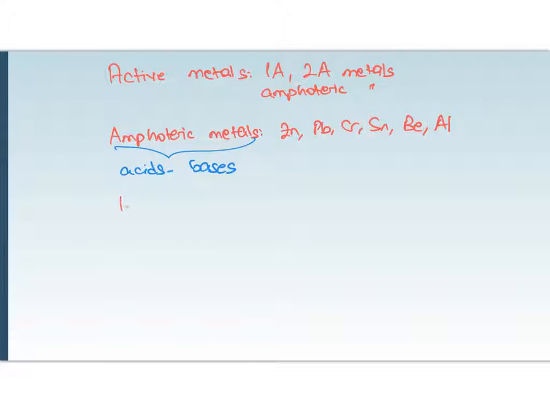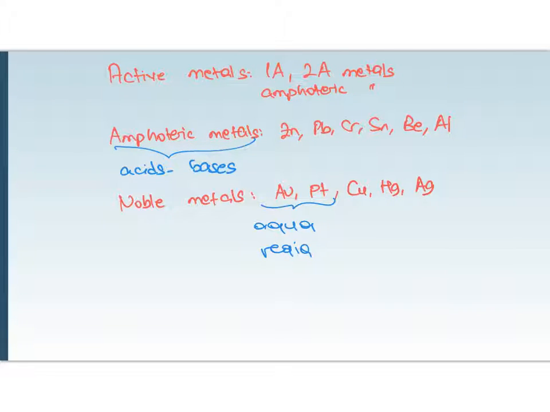What do we have? We have noble metals. Noble metals are gold, platinum. These are the ones that are the most noble. And you have least noble like copper, mercury, and silver. Now the most noble ones, gold and platinum, they can only give reaction with the aqua regia.